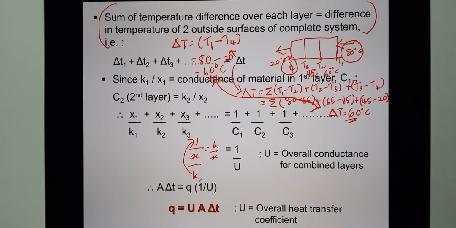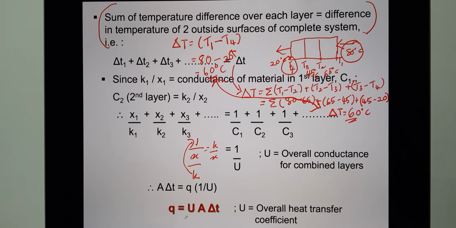So since we have Q times 1 over U equals A delta T, then we arrange back in order to get Q equals UA delta T, and U is the overall heat transfer coefficient. I explained to you how this particular equation is derived.